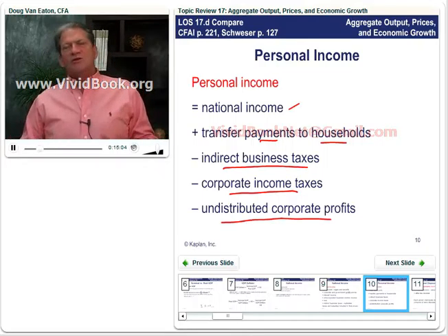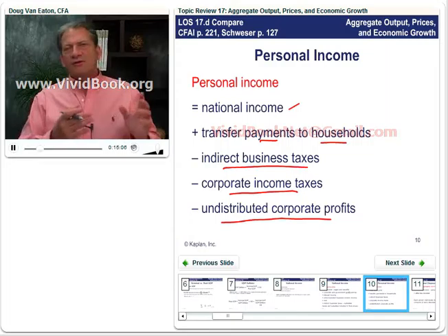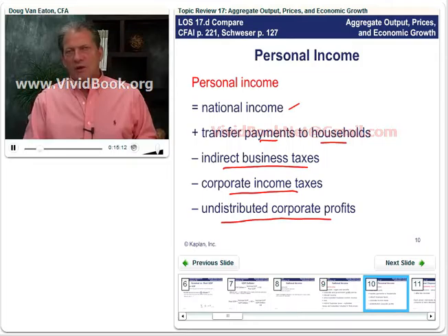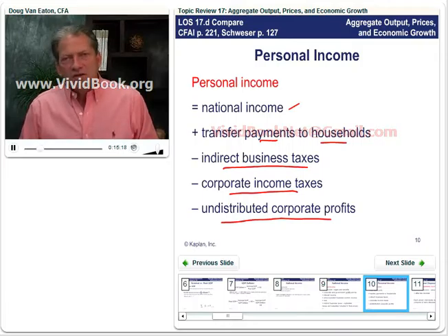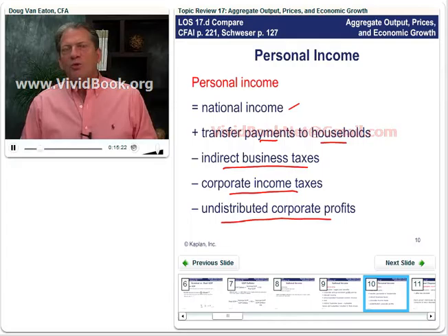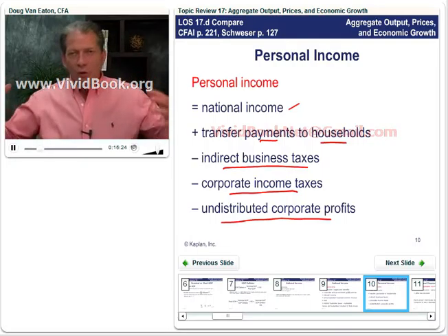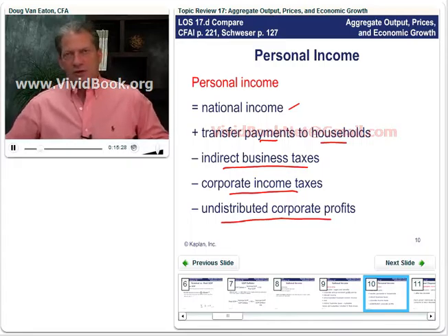Remember, corporations can pay out some of their profits, or all of them, I suppose, as dividends. That is personal income. But to the extent they retain earnings and don't pay it out to the shareholders, that's undistributed corporate profits. These are not paid out to people, so we want to subtract them from this whole big thing, national income, in getting down to personal income.